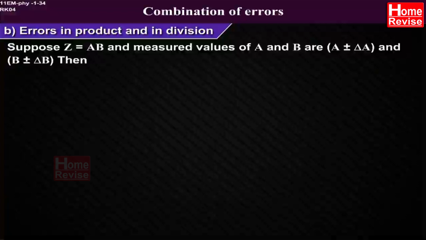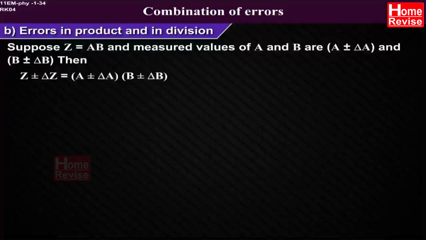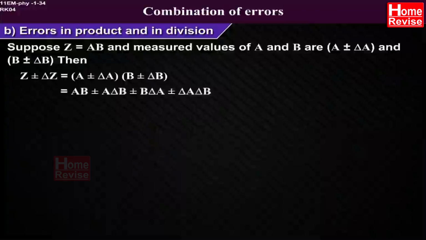Then Z ± ΔZ = (A ± ΔA)(B ± ΔB), which equals AB ± AΔB ± BΔA ± ΔAΔB.